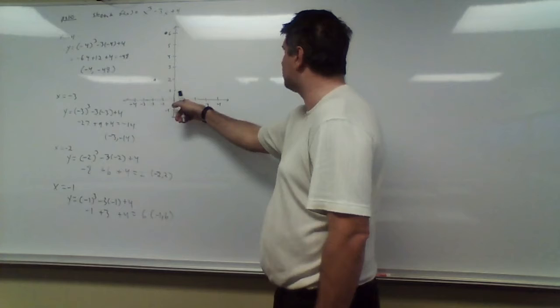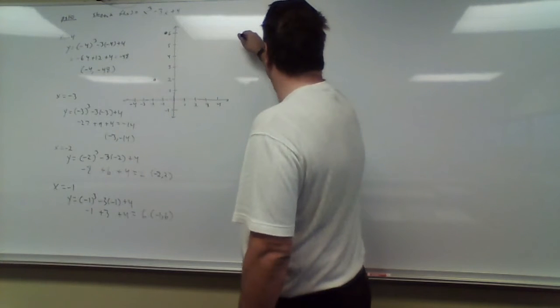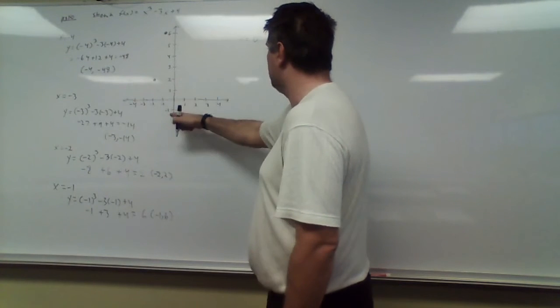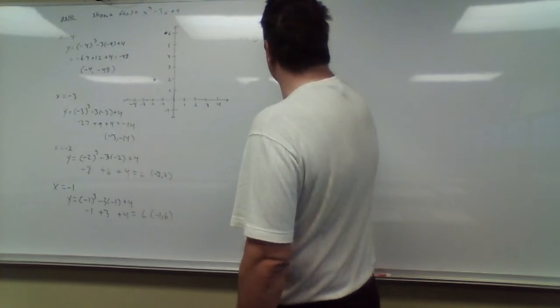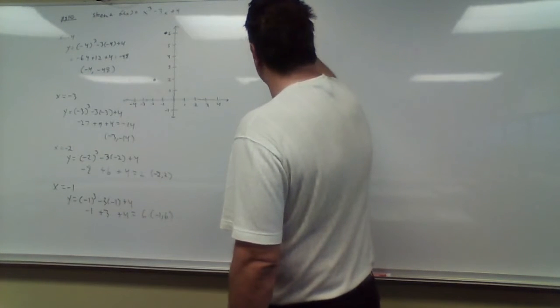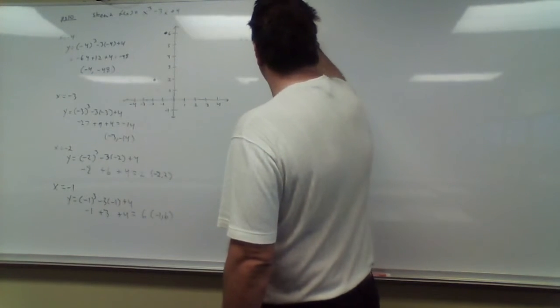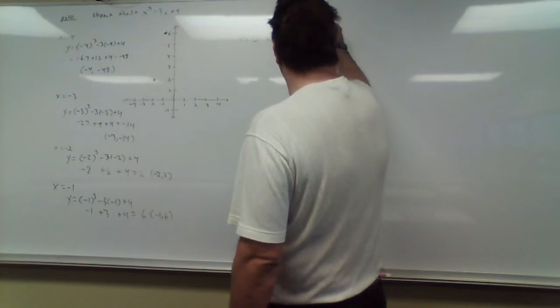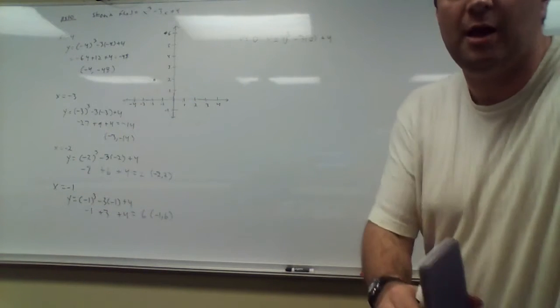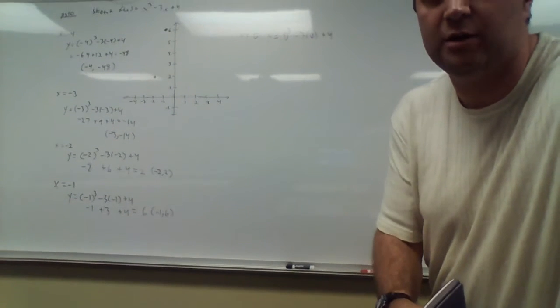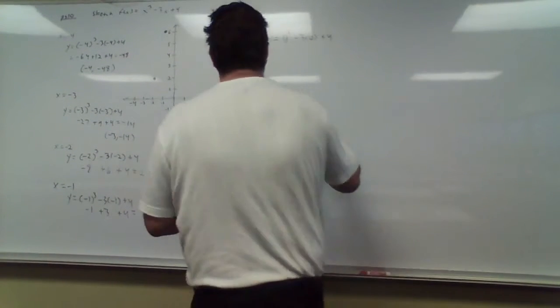Now we will do 0. Okay? So X equals 0, Y equals 0 cubed minus 3 times 0 plus 4. I understand there's a bit of a glare there, so I think I'll move this down again.